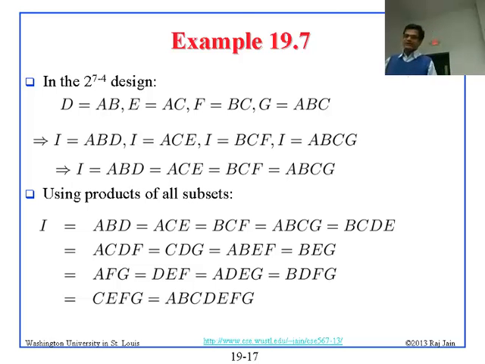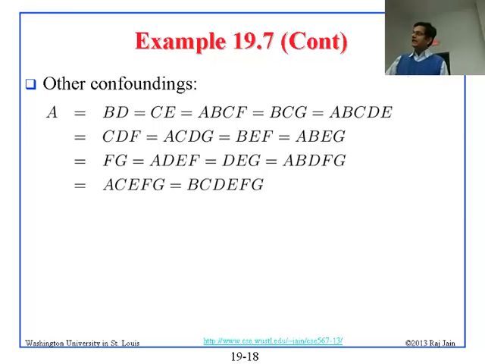And on those 16, you can say the same thing because A is confounded with 15 other things. Okay, 16 total things are confounded together.